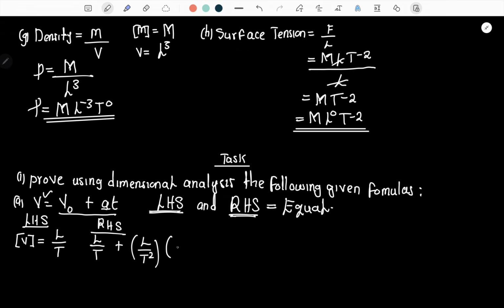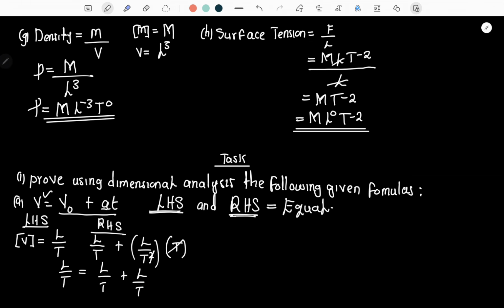Then the dimensions of time or period is simply T. So notice that this T and this T will cancel. Then on the left hand side, we are going to have L over T, then equal to, this side we have L over T, and because we have cancelled this T and this T, we are going to have L over T.